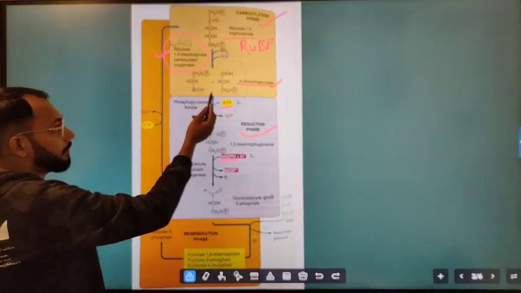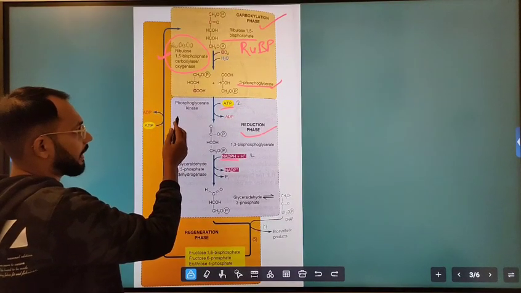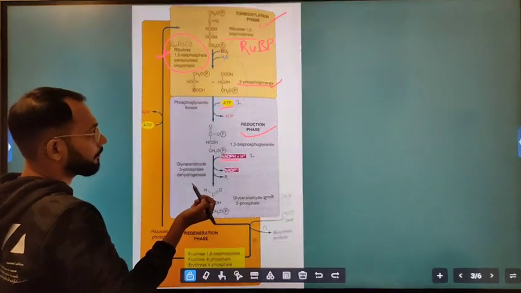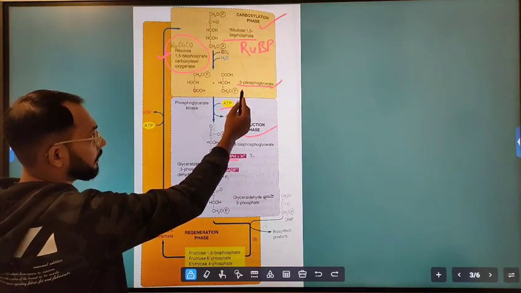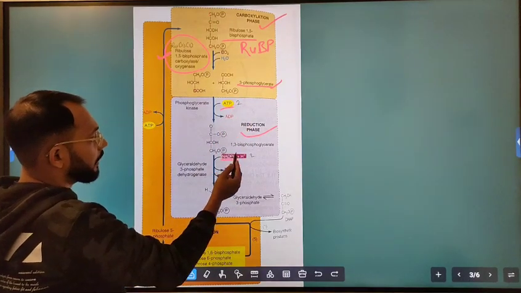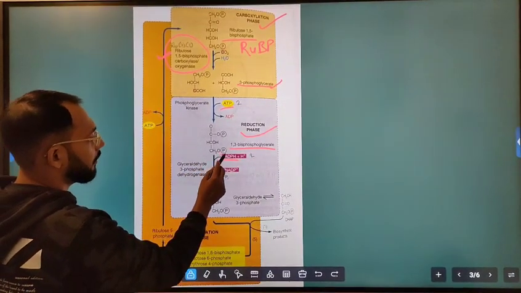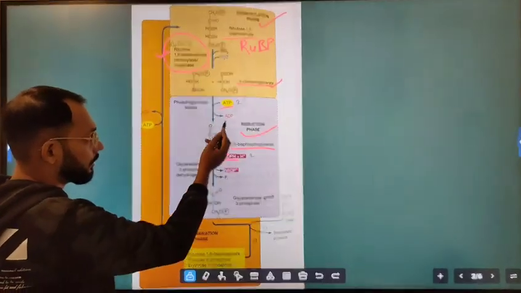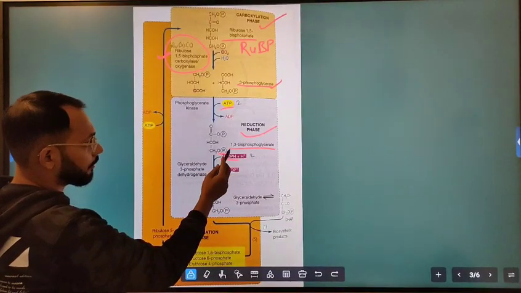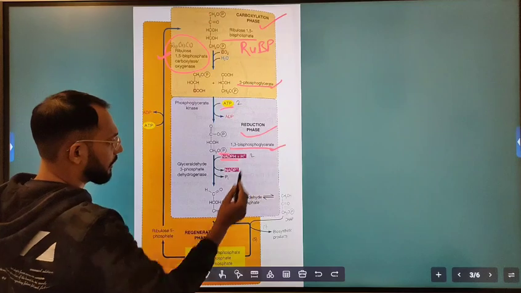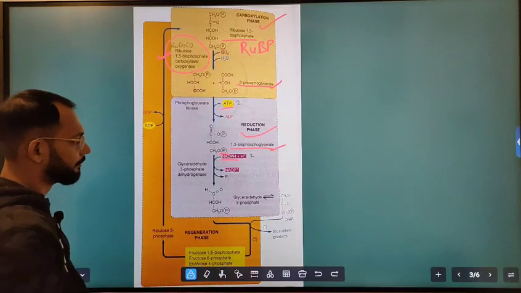So this ATP catalyzes this reaction, and there is an enzyme phosphoglycerate kinase, and one more phosphate group is added to 3-phosphoglycerate, and it becomes 1,3-bisphosphoglycerate, that is at the carbon number 1, one more phosphate from the ATP is added, and after that NADPH reduces this 1,3-bisphosphoglycerate and converts it into glyceraldehyde 3-phosphate.